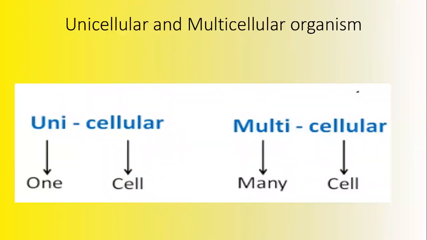Unicellular and multicellular organisms. Unicellular organisms have only one cell, and multicellular means many cells. For example, the human body is multicellular. A cat is multicellular.